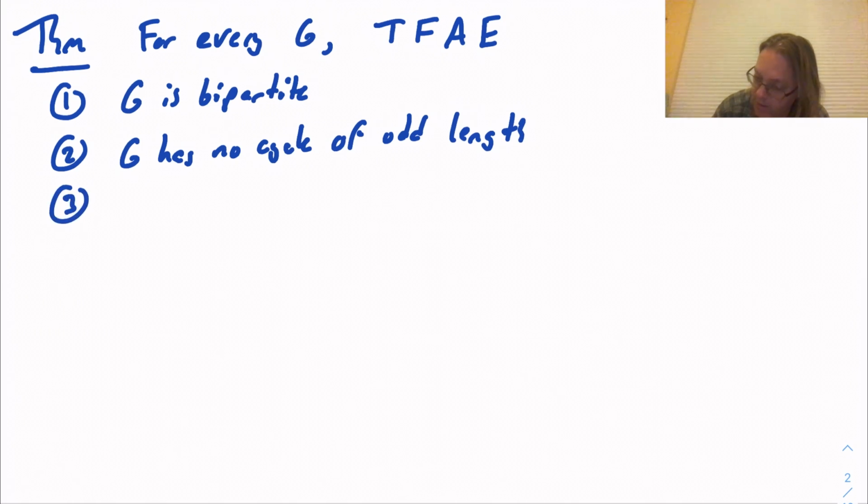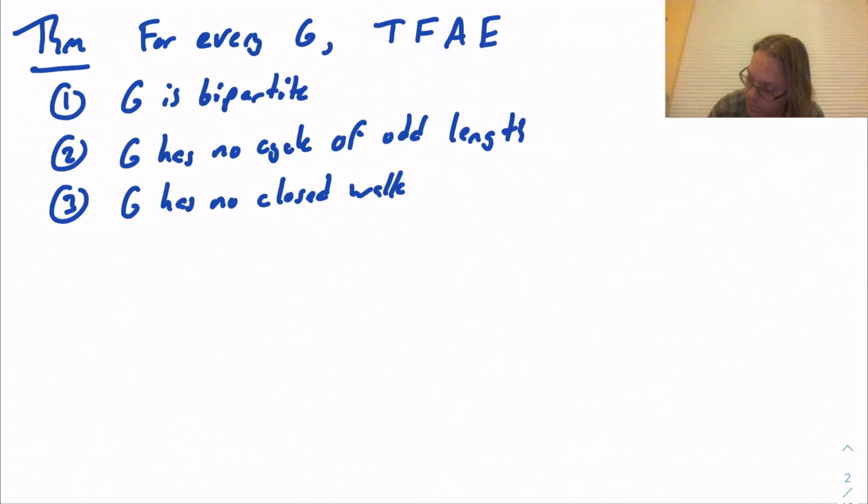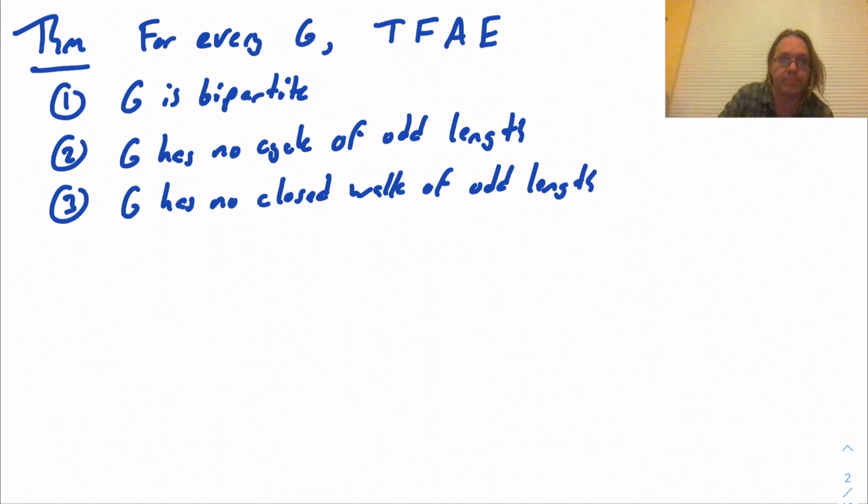And 3 is G has no closed walk of odd length. Now, I want to prove that all three of these statements are equivalent.